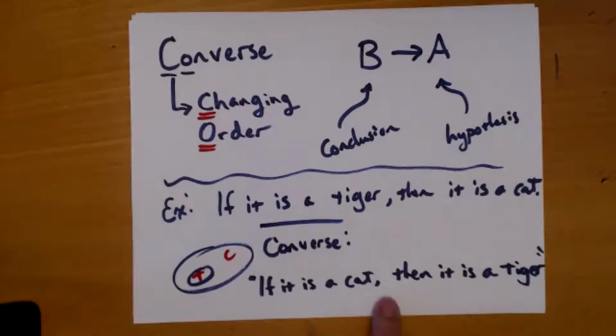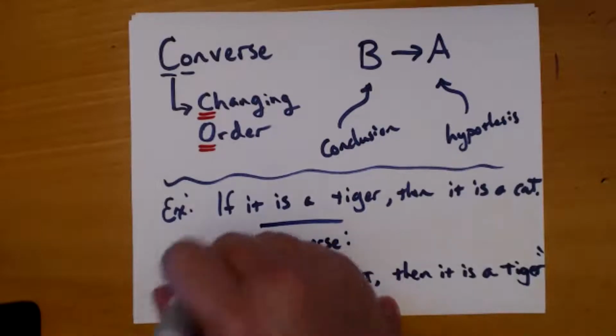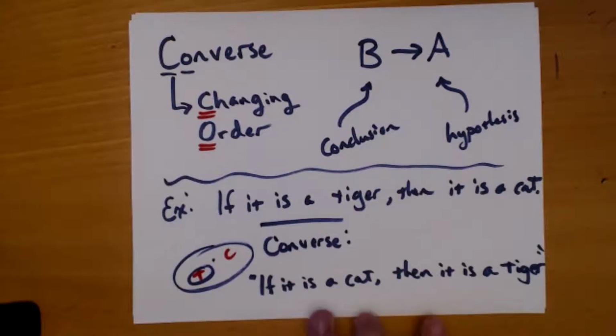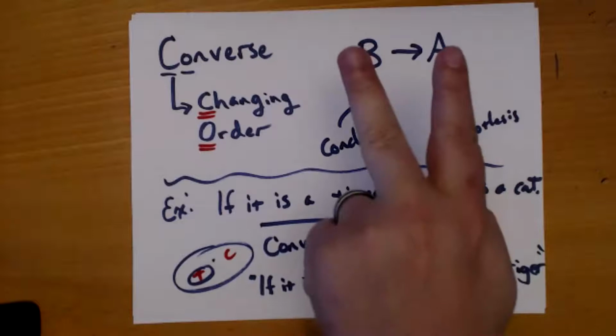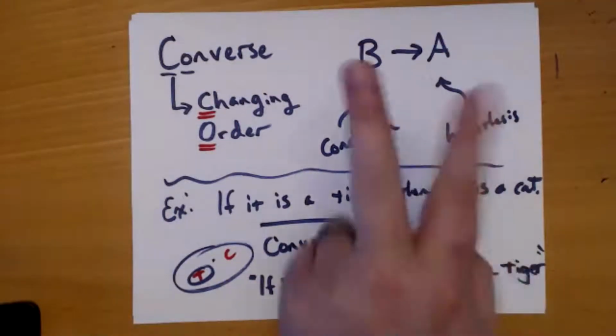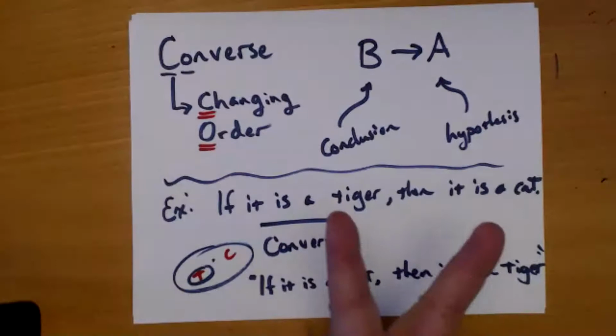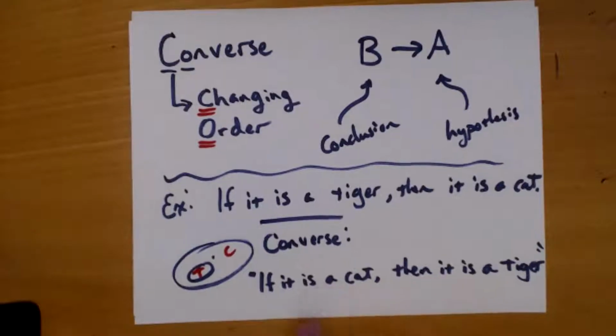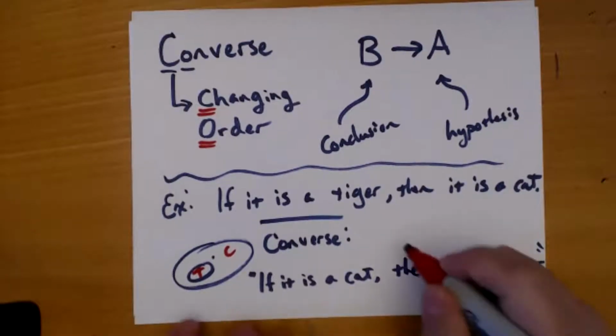This is not a true sentence because we've got lions, or my house cat, right? If all cats were tigers, people would be living with tigers every day. There are a lot of cats that are not. So the point here is that when I take this sentence and flip it to make the converse, I'm making something that is not true. So the converse is often not true.